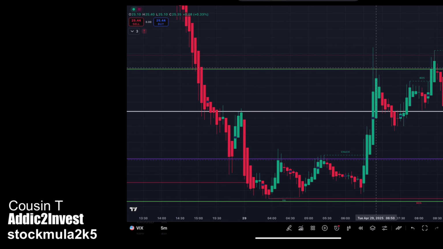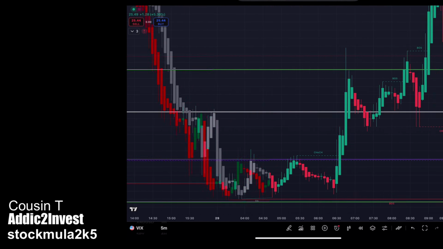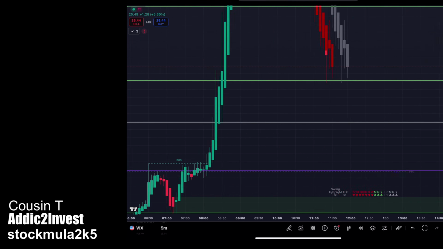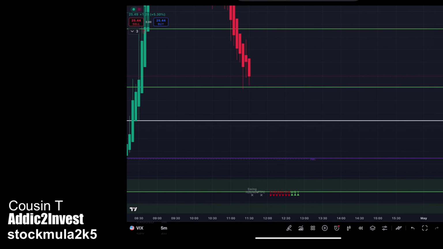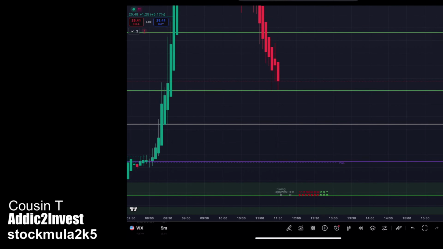Then we touch it again, boom, and we come back. So understand that the reason why we know what support, what resistance is, it was resistance there, but it's going to be support here. Because it went up, broke that resistance finally, came down more, then broke back up.